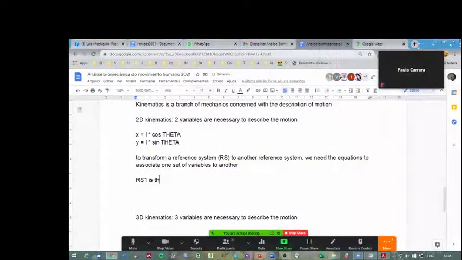At least, as I said, at least. And the broadest term for everything is generalized coordinates, because if you say generalized coordinates, you don't care if your coordinates are x, y, and z, or angles, or anything else.